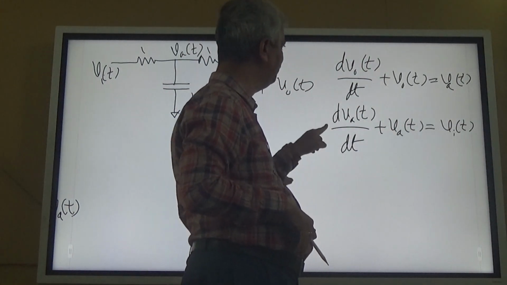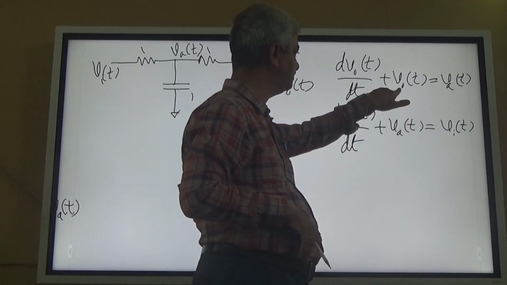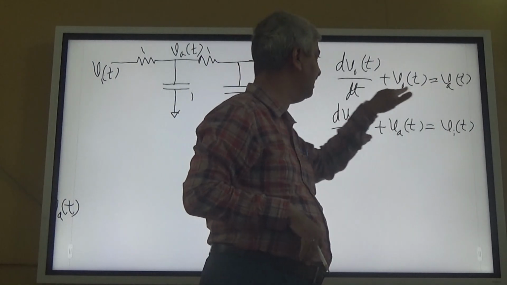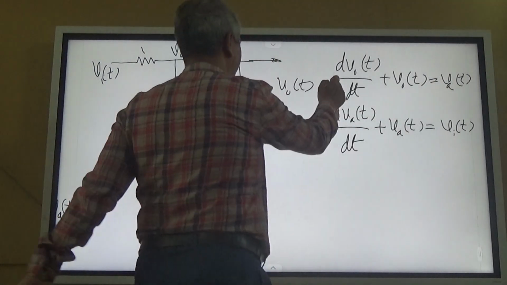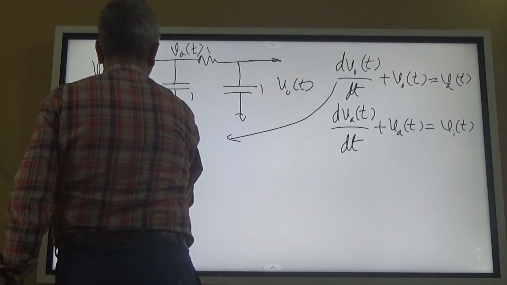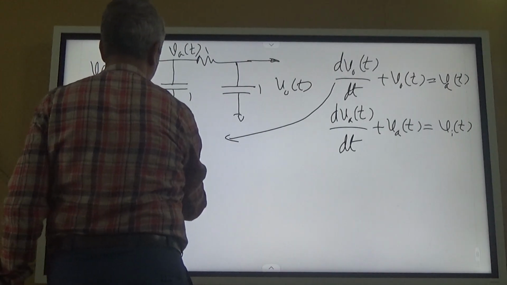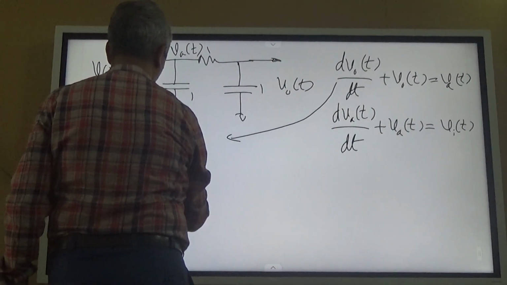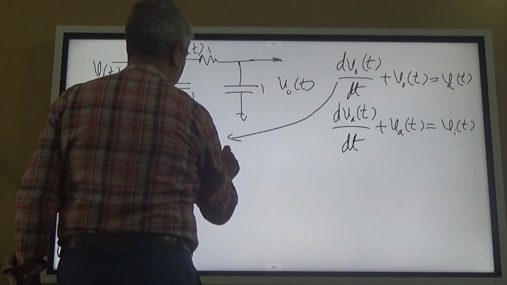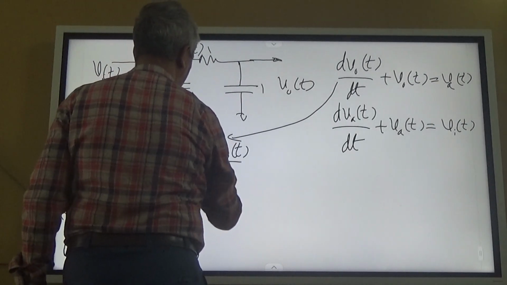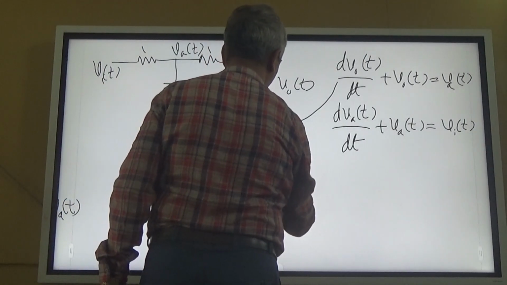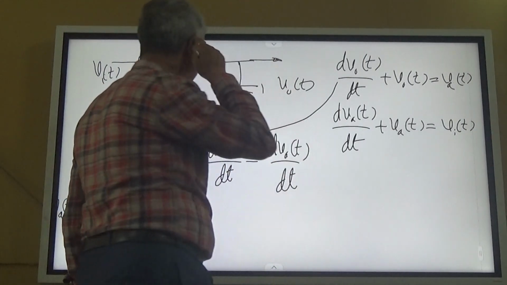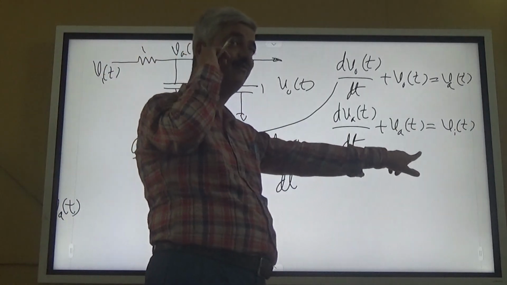I will replace, for VAT I have this. But this, I will differentiate. So by differentiating, what do I get? d²VOT/dt² plus dVOT/dt is equal to dVAT/dt. Right? So this equation is very simple for me now.